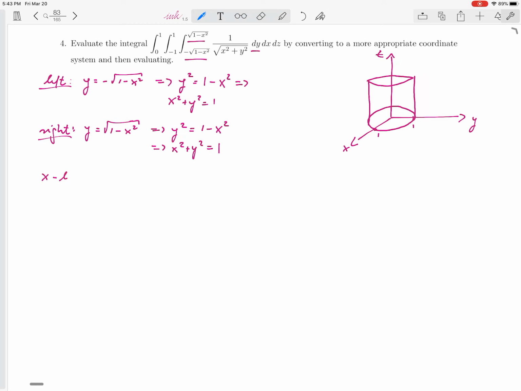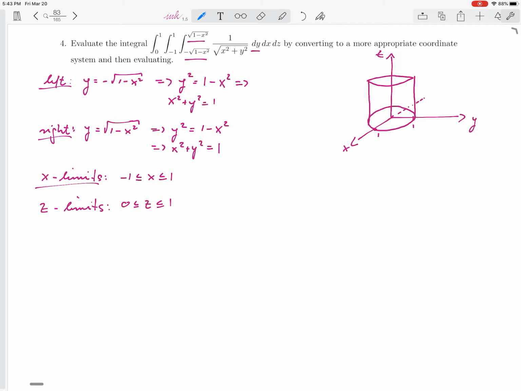So our x limits are minus 1 is less or equal to x is less or equal to 1. And our z limits, 0 is less or equal to z is less or equal to 1. So looking at that, we want x to go all the way from minus 1 to 1.